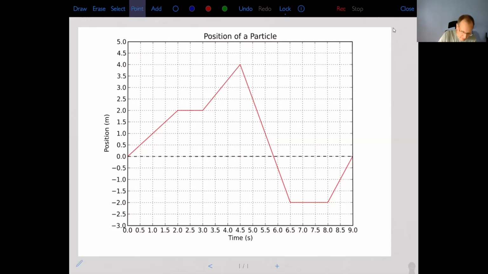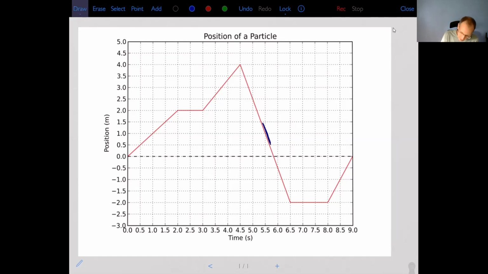Let me draw a tangent line in there. Notice that the slope of that tangent line is the same as the slope of the entire line, because it's really constant velocity over that entire time interval from 4.5 to 6.5 seconds.